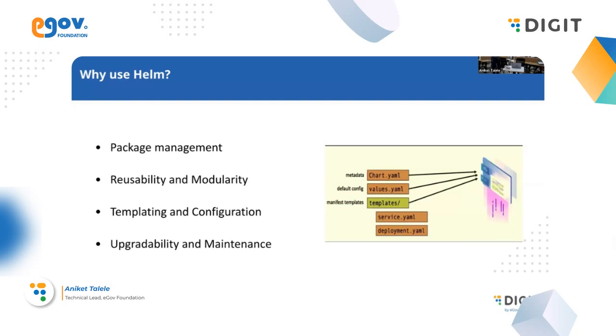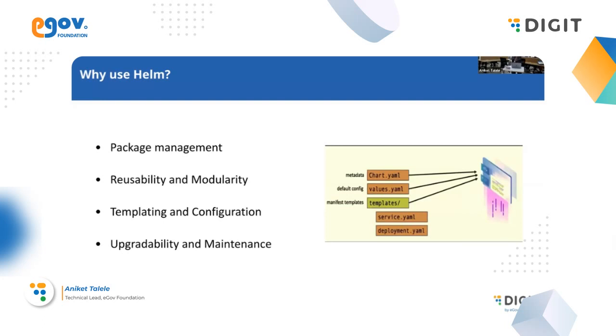It's easy to upgrade and maintain. Basically, you can pull different Helm charts using the helm command and upgrade as required, right? And it also provides dependency control. So you can mention what dependencies need to be there to run a particular service, right? So Helm has a lot of benefits.